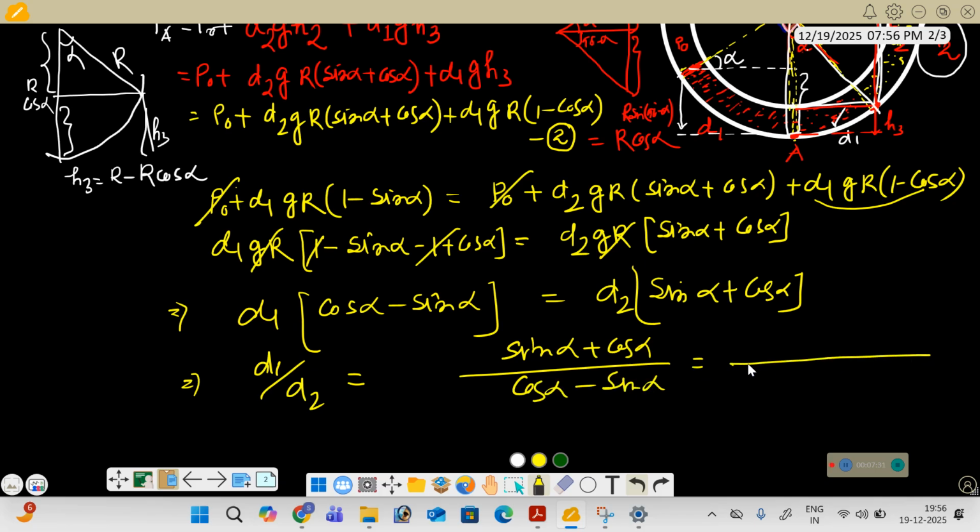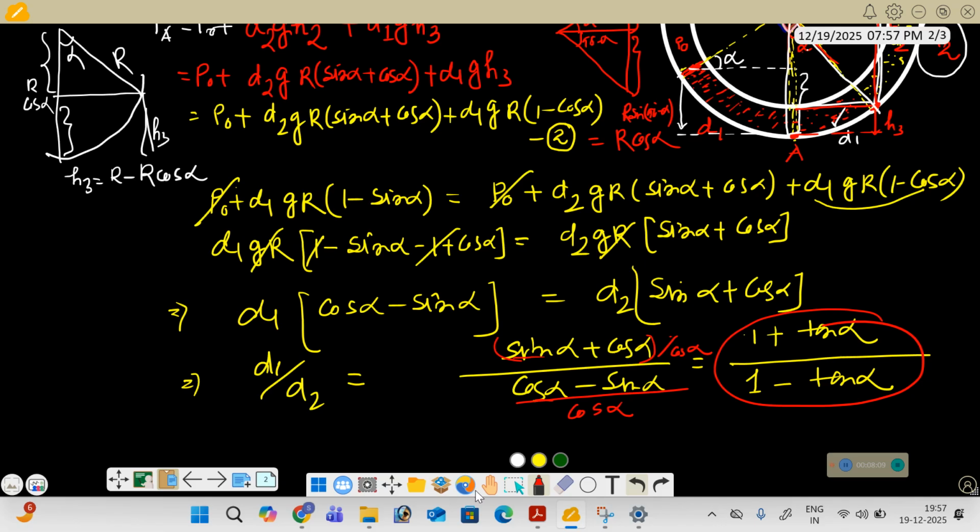From this, d1 by d2 is your sin alpha plus cos alpha divided by cos alpha minus sin alpha. Dividing both the numerator and denominator by cos alpha, we have 1 plus tan alpha over 1 minus tan alpha.